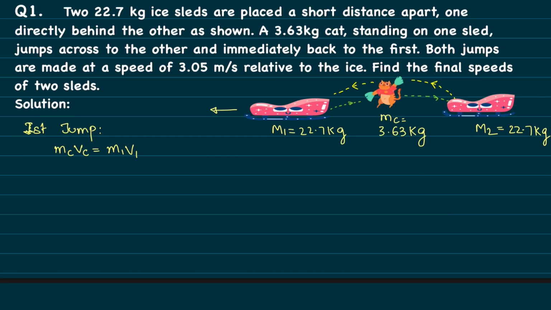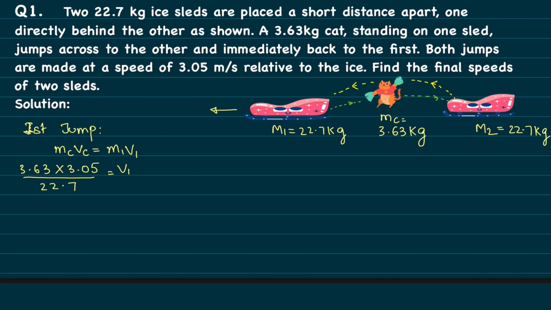After the jump, let's put in the values. The mass of the cat is given, it is 3.63 kg, and the velocity of the cat is also given, which is 3.05, divided by the mass of the sled, which is 22.7 kg. In this way we will calculate the value of v1, the speed of the sled toward the left after the jump.